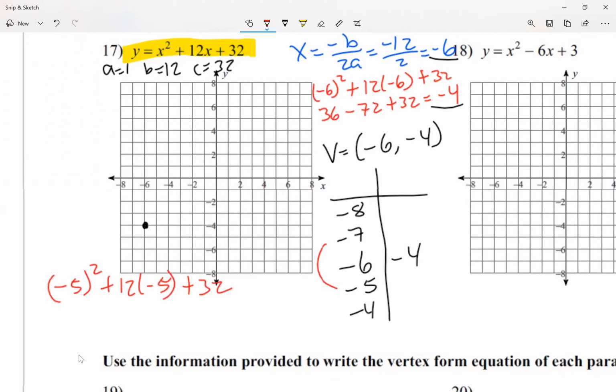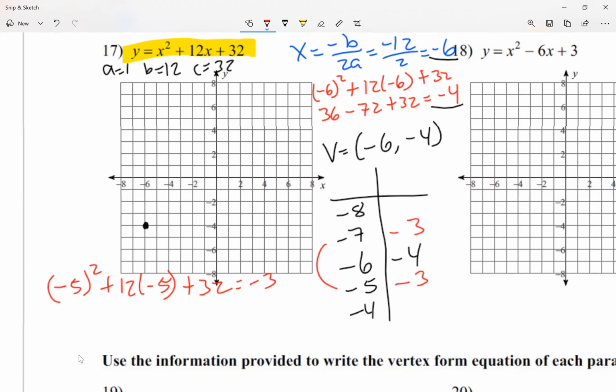See, I'm using the equation, but instead of x, I'm using -5. So 25 minus 60 plus 32, I happen to get -3. Okay, so my y value here is -3, and then here it is also -3.